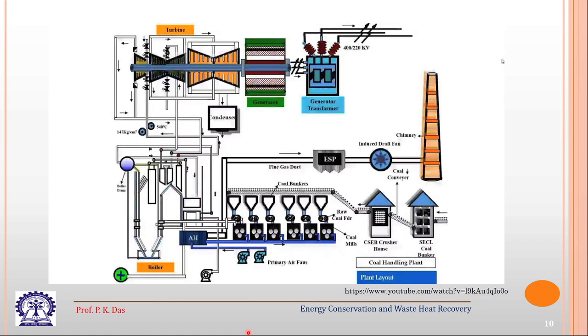So, let me now run it. It has started running. You can see that coal is moving, and here you can see these are operative now, and there is some sort of a mill which is crushing the coal. This is a ball mill, and then it will be injected into the boiler.